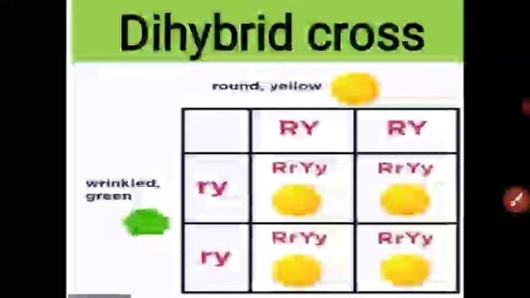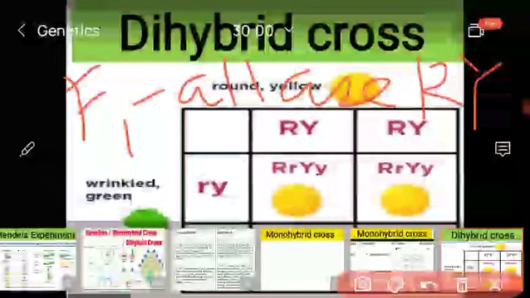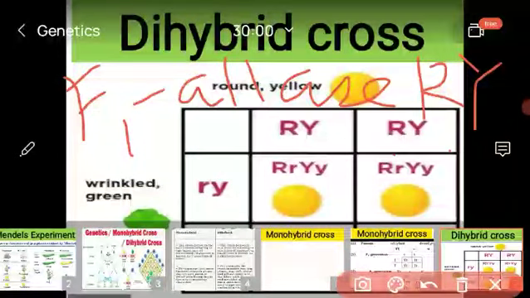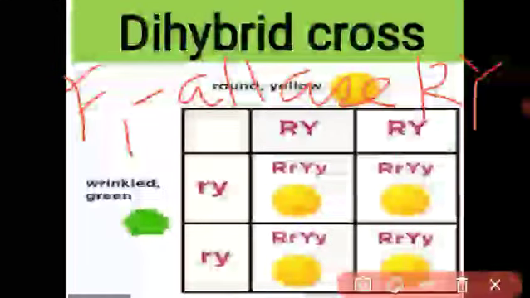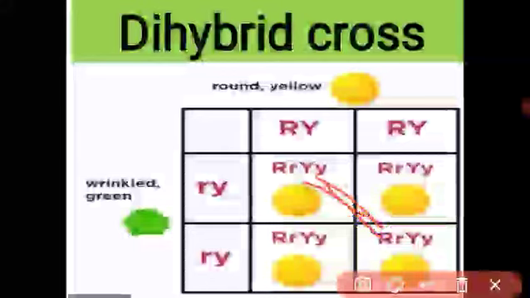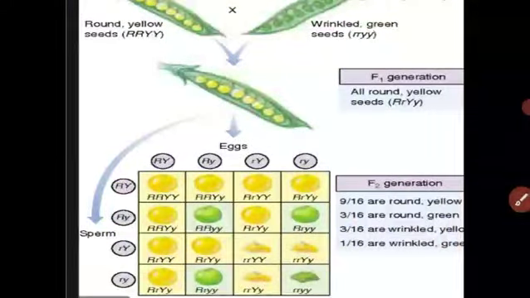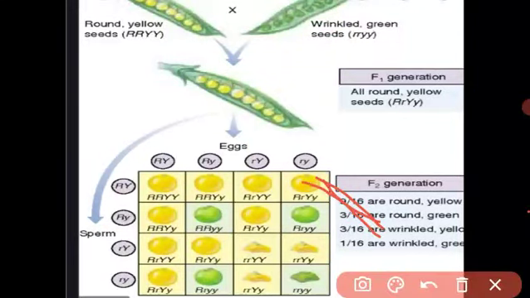Got it? Whenever Mendel was doing self-pollination, what happens in the F2 generation? Let us see. We have seen in the F1 generation that all the offspring, means all the seeds, are round and yellow.